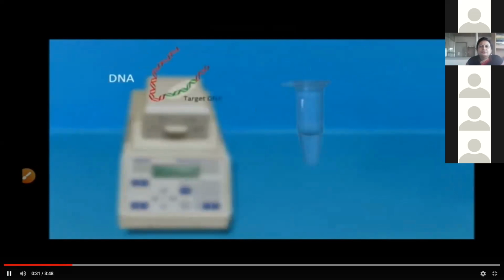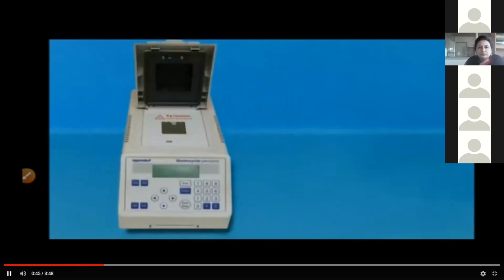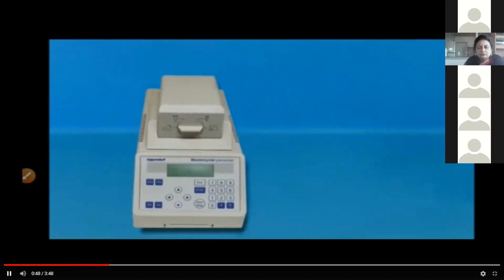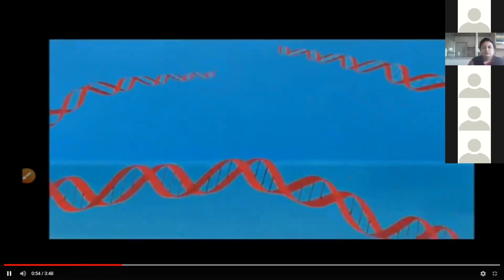We have a tube in which the target DNA is placed, which needs to be amplified. You have to add dNTPs and polymerase enzyme inside the tube. So the tube contains sample DNA, dNTPs, polymerase enzyme, and we place the tube in the thermocycler machine.